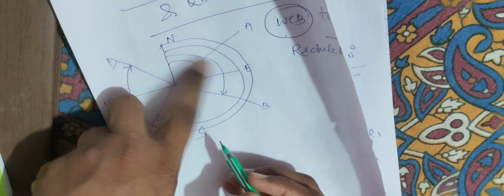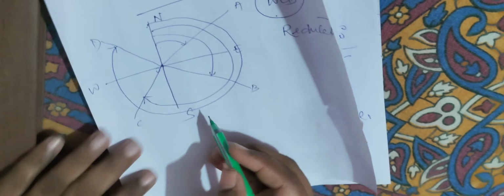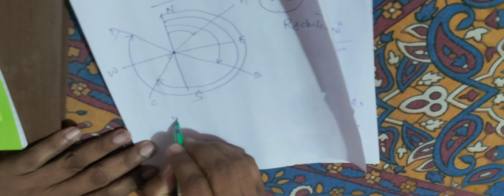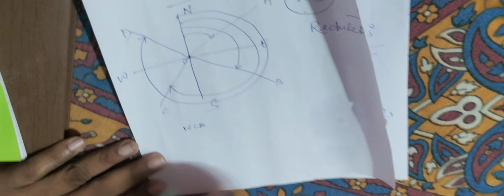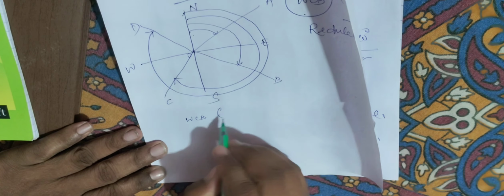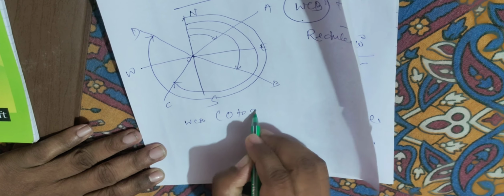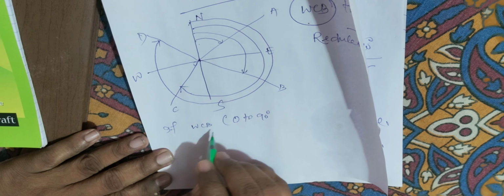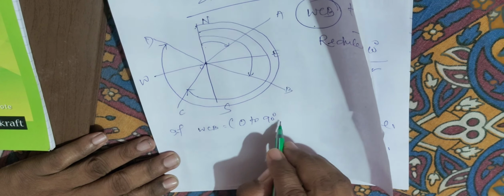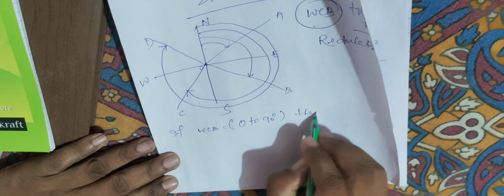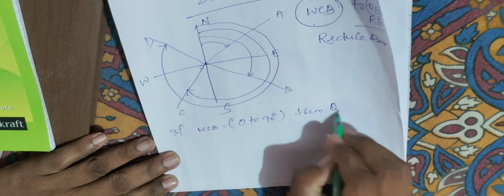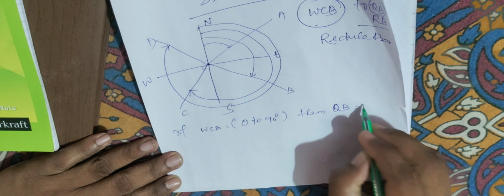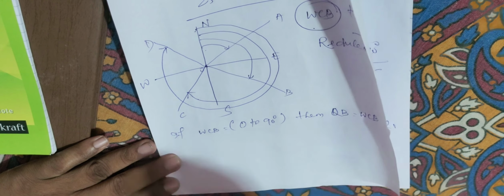For the first quadrant, if the whole circle bearing is between 0 to 90 degrees, if WCB is equal to 0 to 90, then QB is equal to WCB.